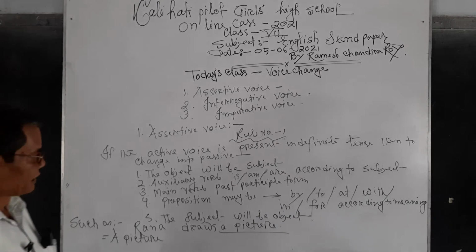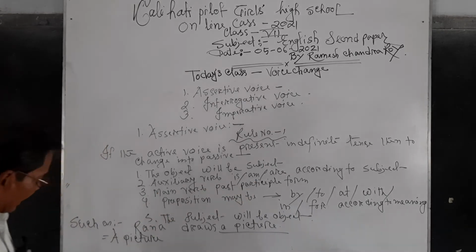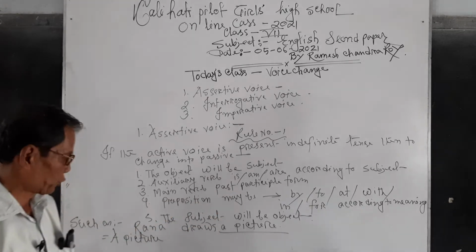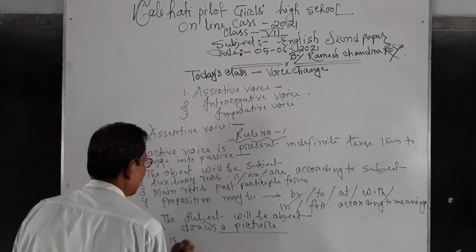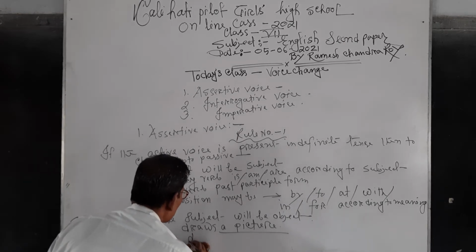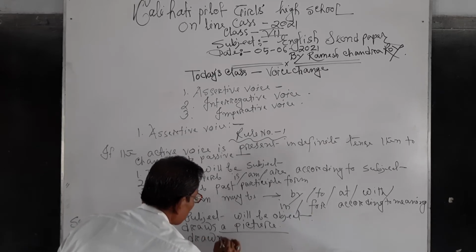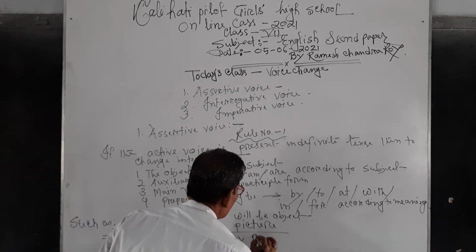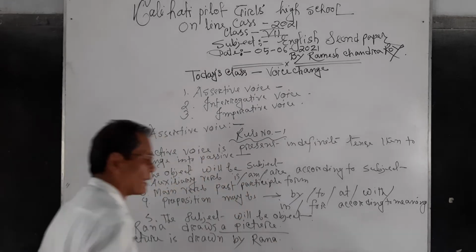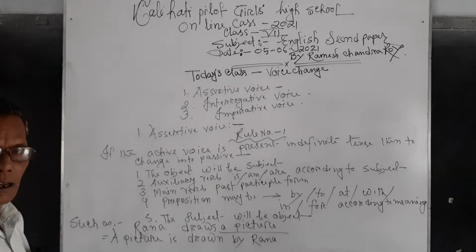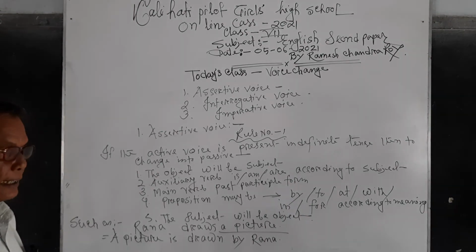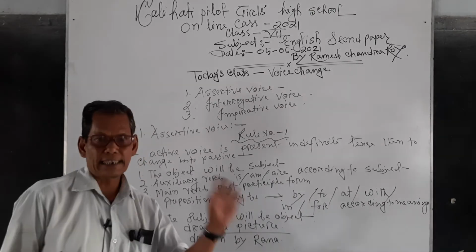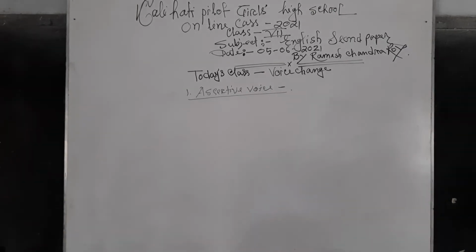You know the auxiliary verb is are, but here a picture is third person singular, so is will be used. Is, main verb drawn, drawn by subject Rana. Here the subject Rana has become the object, but it has not been changed because it is a name, and the name will not be changed. Okay, thank you.